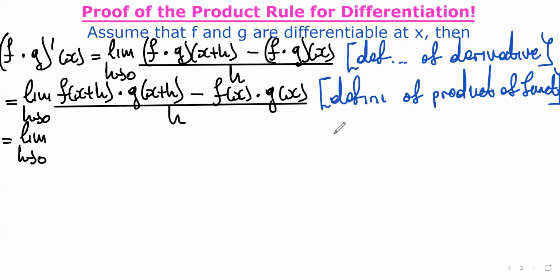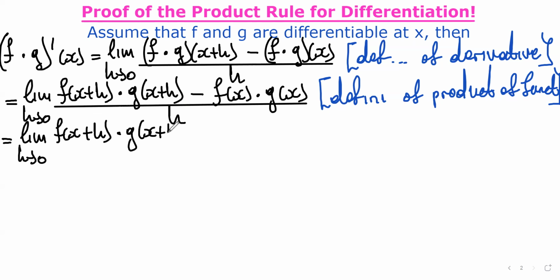Well, in this case, we are going to go to the numerator and we add 0 to our numerator. Now, the whole point of adding 0 is so that we don't change the nature of this expression. So now the question is, how do we define our 0?